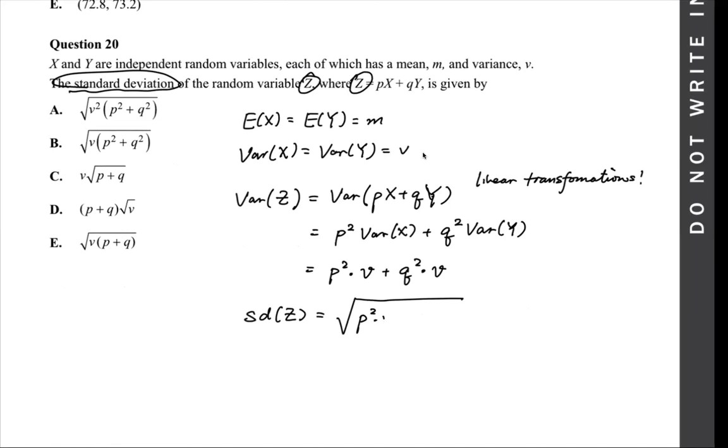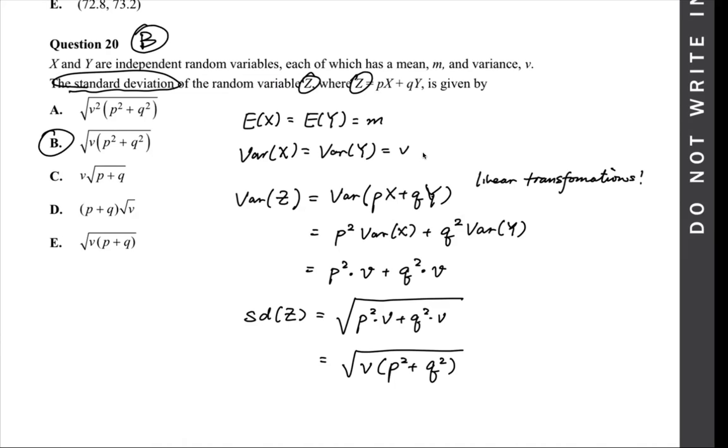So P squared times V plus Q squared times V under the square root. And inside the square root, we can simplify by taking out the common factor V. Therefore, my answer is option B, okay?